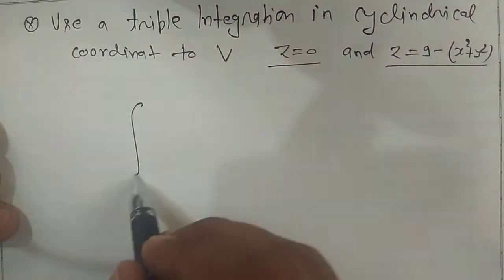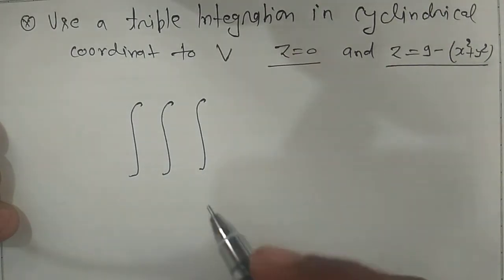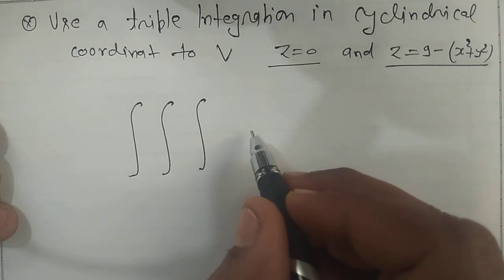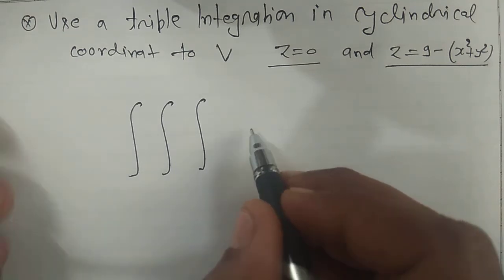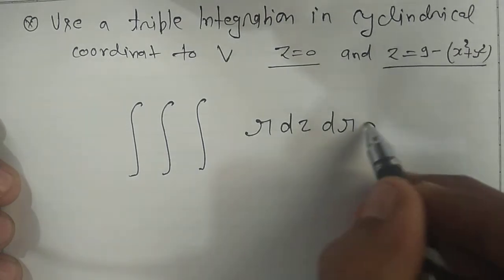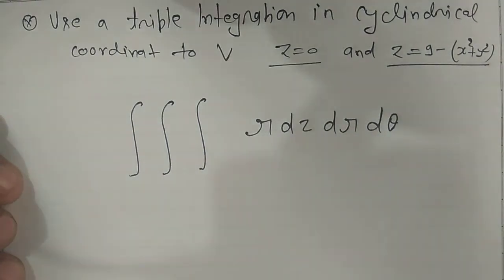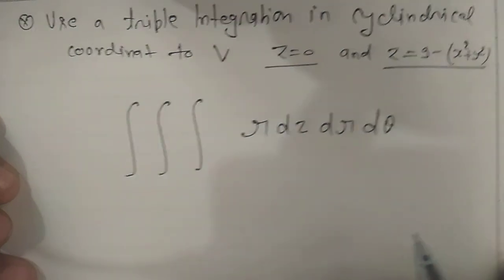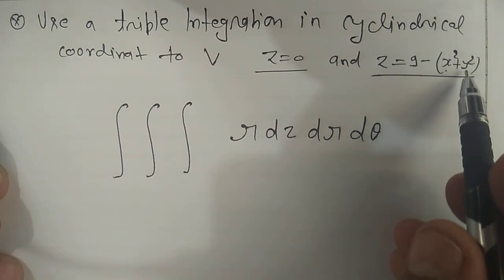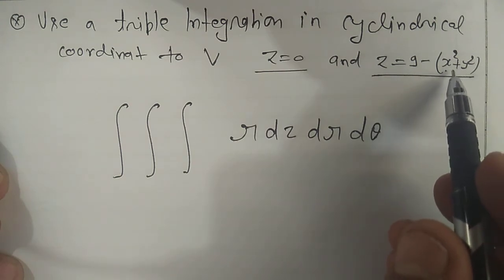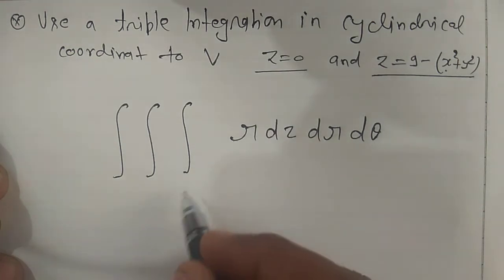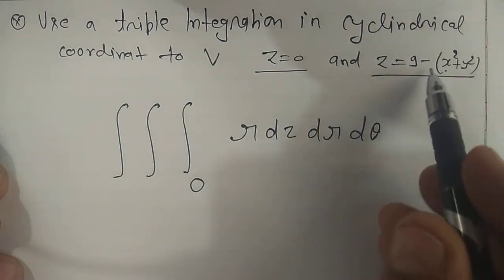Now, for the volume V, we can have dx dy dz, and in the place of dx dy dz we can have r dz dr d theta. Now your z limit will be 0 to 9 minus (x square plus y square). So your z limit should be in function of r and theta. So here 0, and here we can have 9 minus r square.